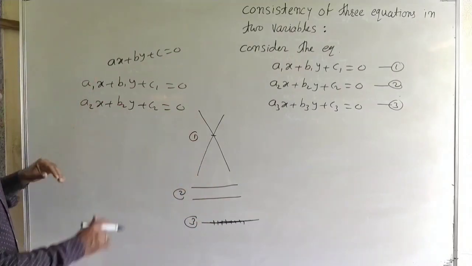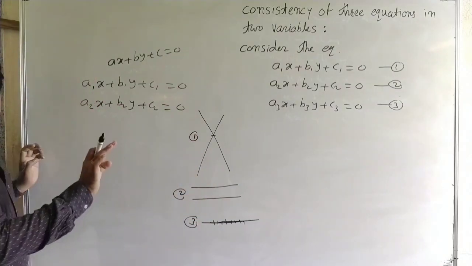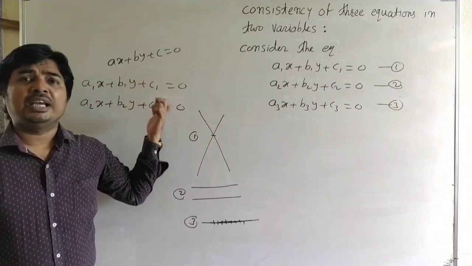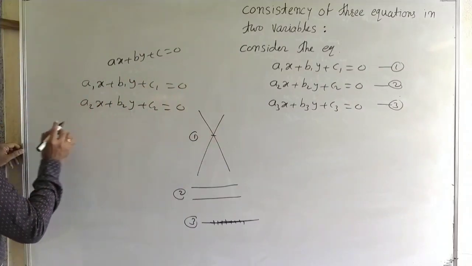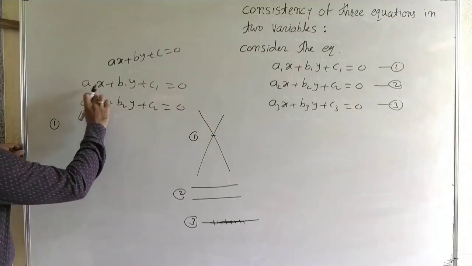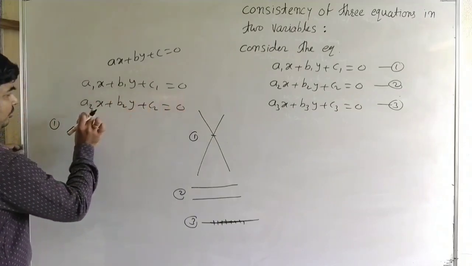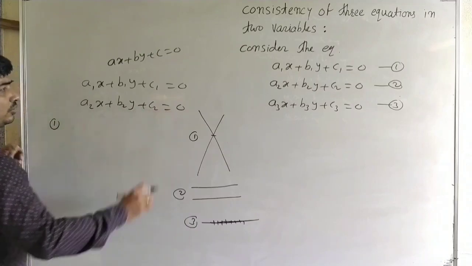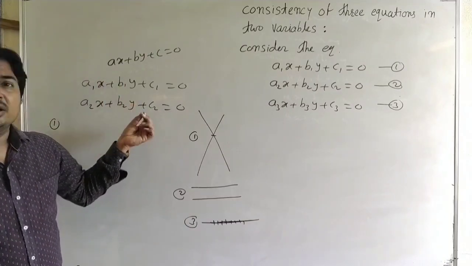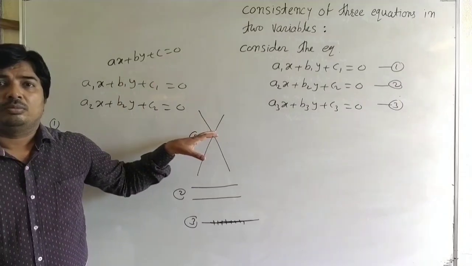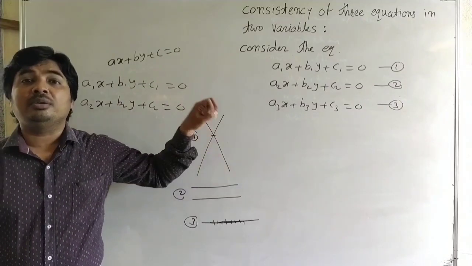Then if the two lines are consistent, that means they have a common solution. Here we can write the first condition: a1x plus b1y plus c1 is equal to 0, a2x plus b2y plus c2 is equal to 0, and find the point of intersection. In class 10 you also solved by Cramer's rule or the graphical method.